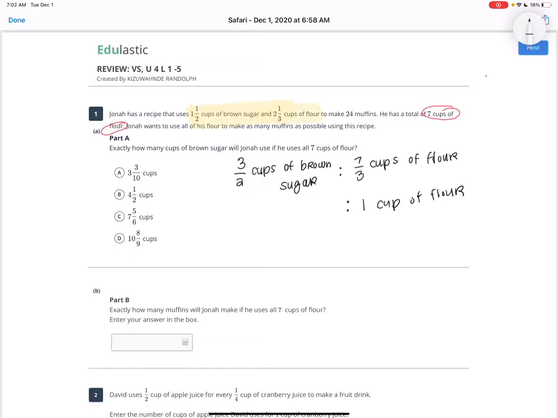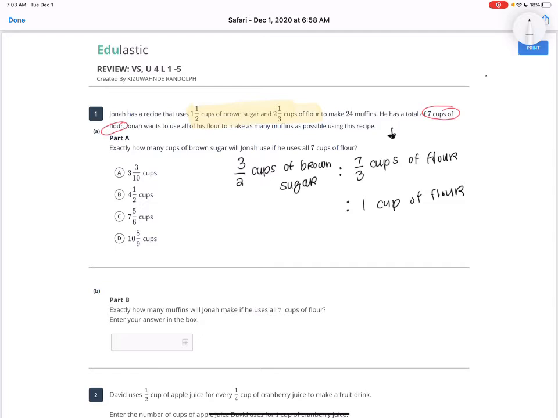In the classroom, I always ask my students, well, which side is this telling me to go to 1? Meaning, okay, this is 1 cup of flour, this is 7/3. So I would want to divide by the side that is asking me to go to 1, which is this side.